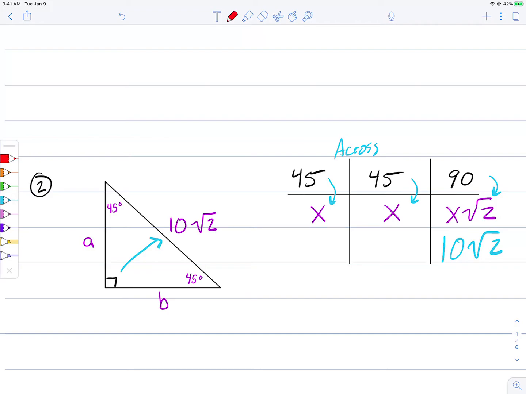What that tells us is that x is 10, because if you're matching it up, there are the root 2's, and then x must be 10, which means our two missing sides must both equal 10. So those are our two missing sides of our 45, 45, 90 right triangle.